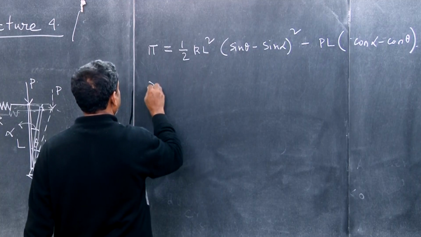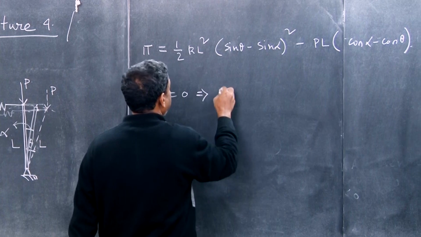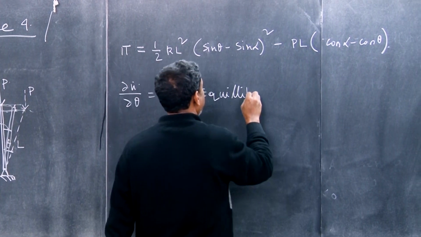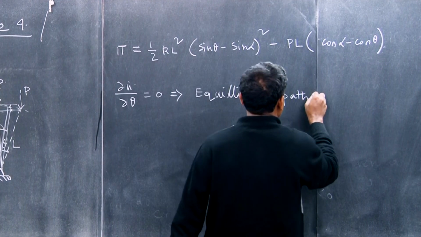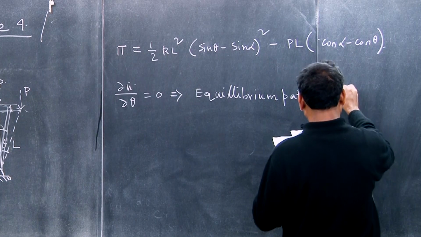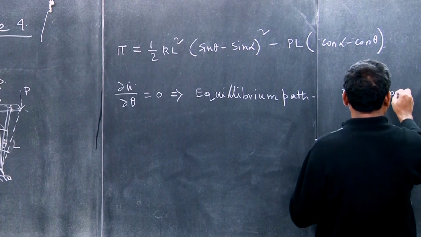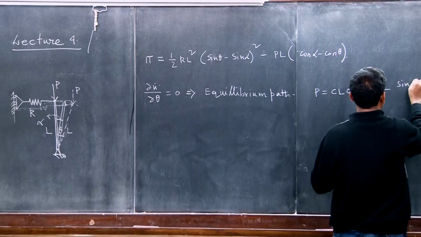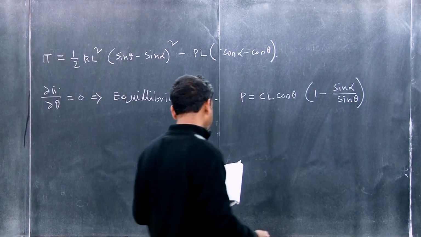Then del pi del theta, I want to find the equilibrium path. How is the equilibrium path given? It will be P equal to K L cosine of theta, one minus sine alpha over sine theta. It is simple, if you just substitute you will get it. This is the equilibrium path.